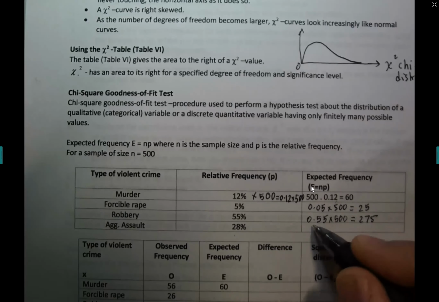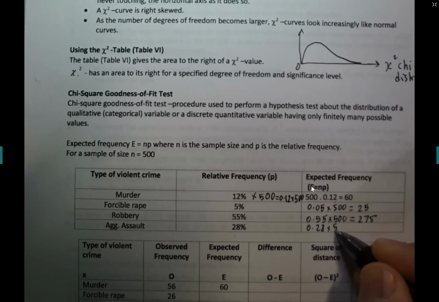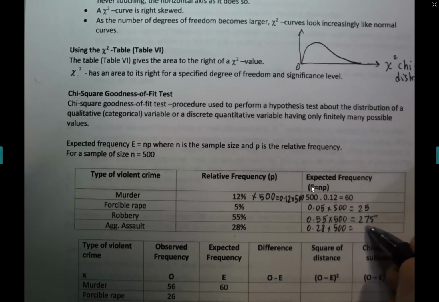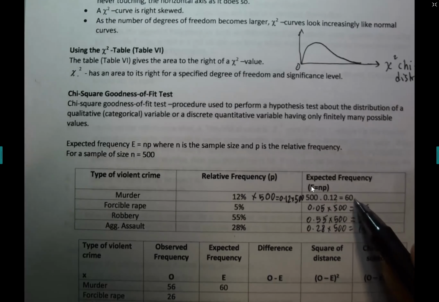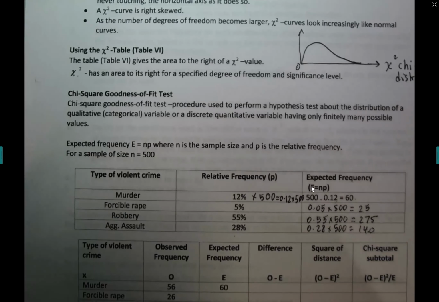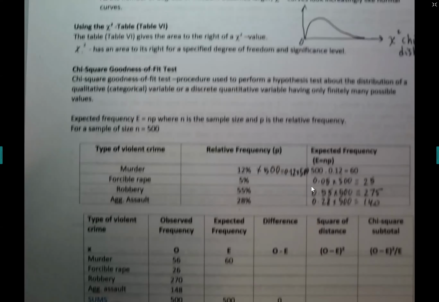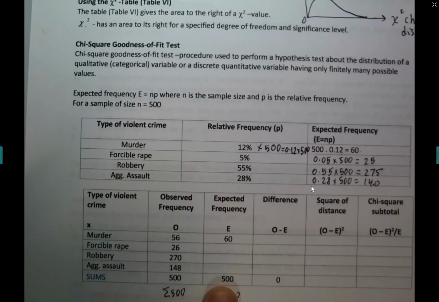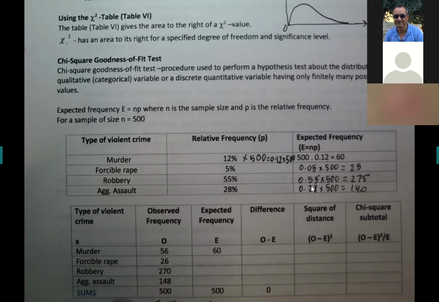This one will be 28% of 500, which is 140. And if you guys add those up, they should add up to 500. The O's will add up to 500, and the E's should add up to 500 as well. As you can see, I put sums here, 500 and 500.